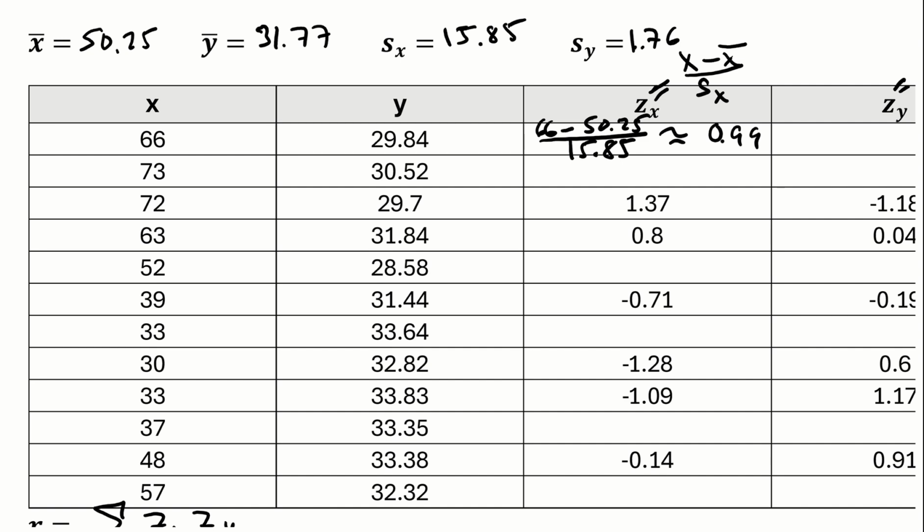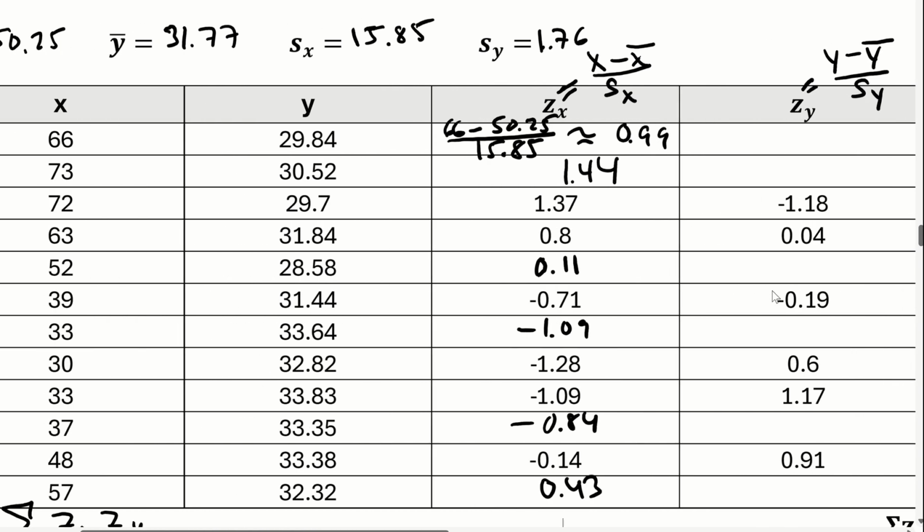So if I do this 73 minus 50.25 divided by SX, for the second row, I get 1.44. For this one, I would have to do 52 minus 50.25 divided by 15.85, right? So I'm just going to write down those numbers. So 0.11, this would be negative 1.09. This one is negative 0.84, and then this one's 0.43.